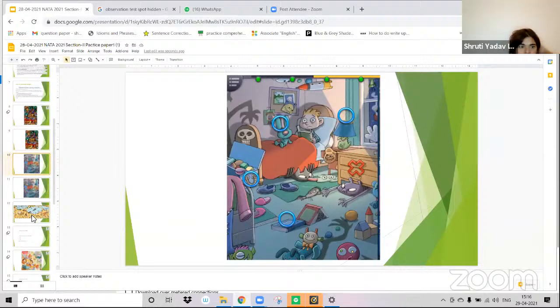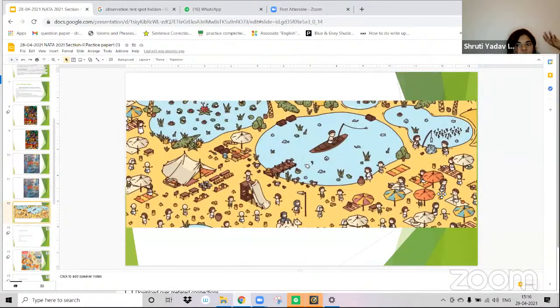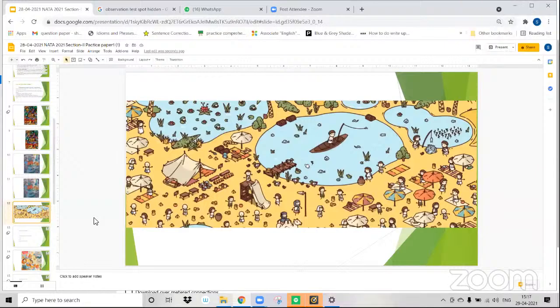Now let's go. So this particular image, notice all the elements, even though it's very hard to notice all the elements. Try to look at the odd ones out. Okay, wait a sec.